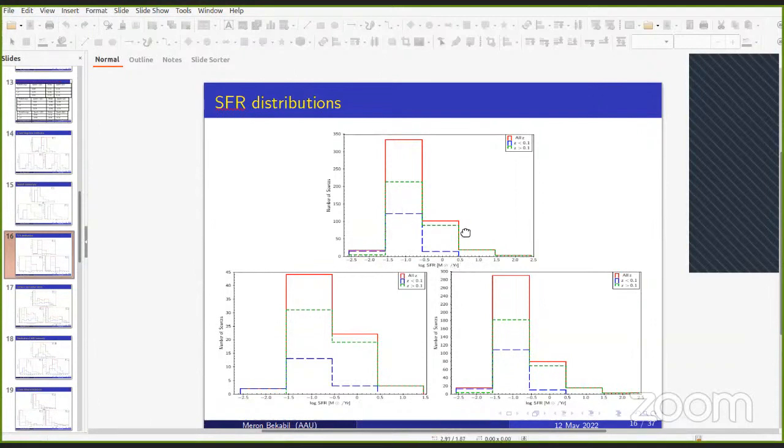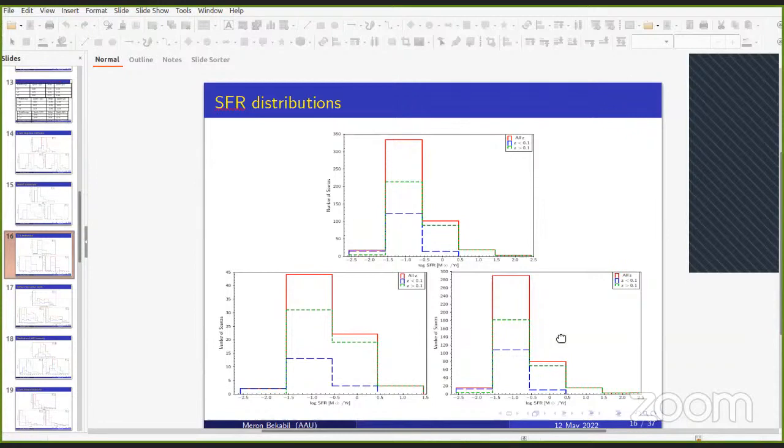But around here at high redshift, the green one shows that there will be a little star formation going on. That is what we see in these AGNs. This one is for Sy2. As you see, there is a little star formation going on around here, but most of them don't show a star formation rate, so they are quenching.